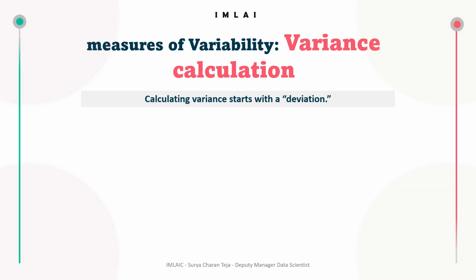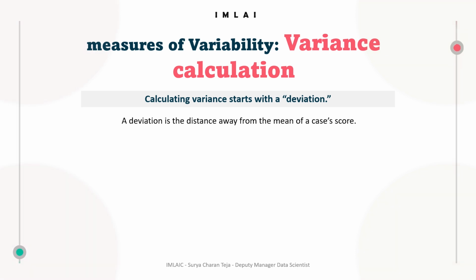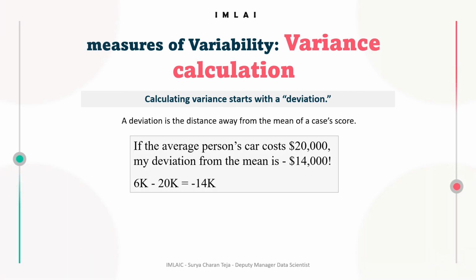Let's understand deviation first with an example. A deviation is the distance away from the mean of a case score. Let's take this example. If the average person's car costs $20,000, okay, this is the average. We have taken a population data set.